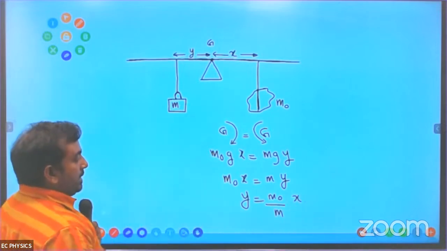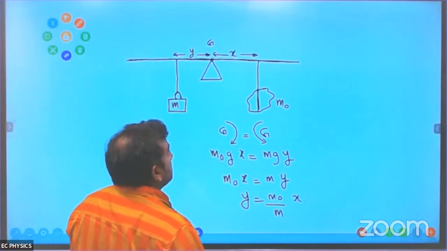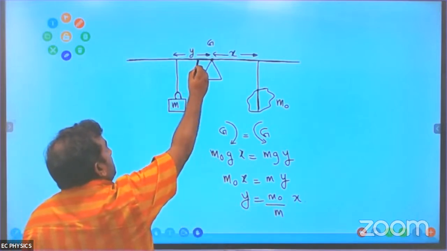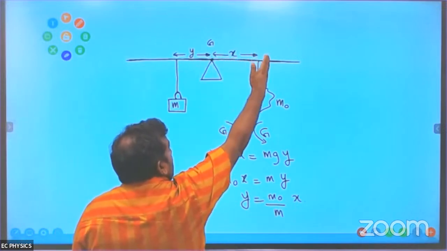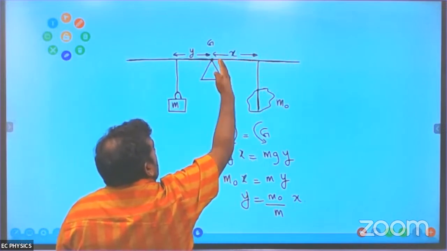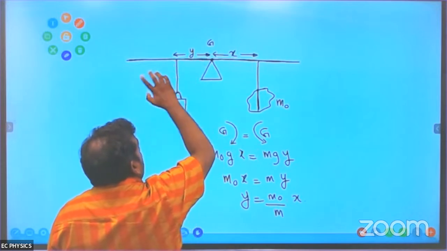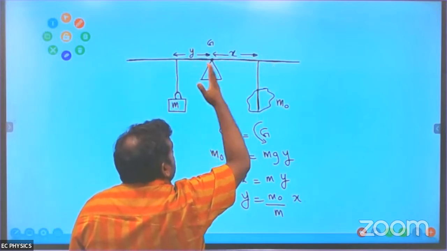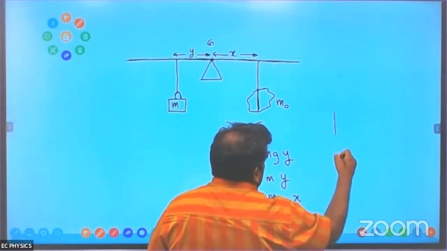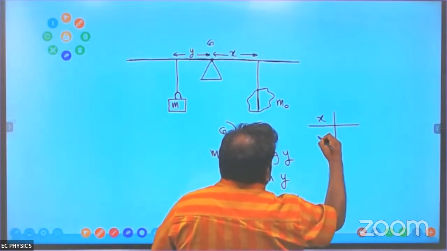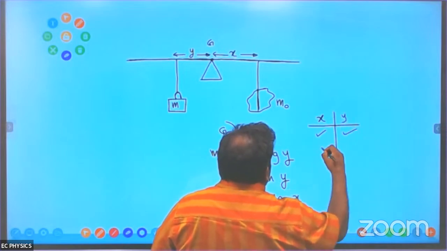You can see now it is of the form y is equal to mx. So what we do is we change this in equal intervals. If you are taking this in 10 centimeter intervals, here also you vary and find. So for different values of x, you find different values of y.